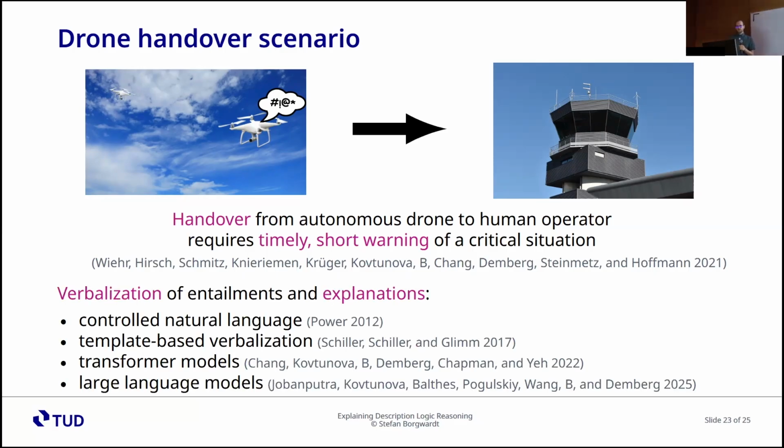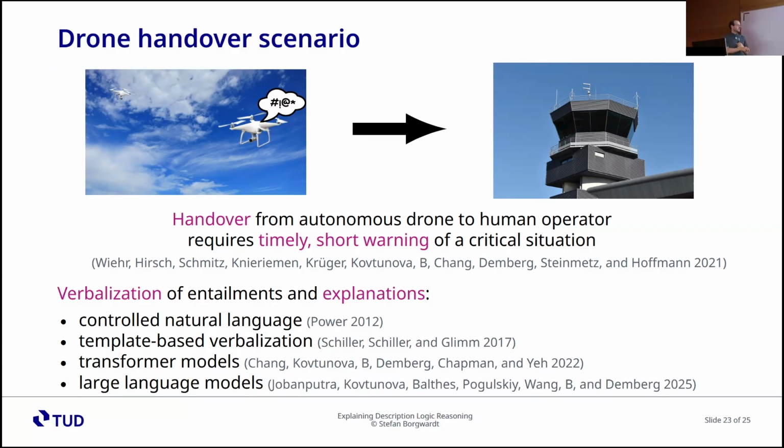And yeah, a very good medium for that is a verbalization, where you can just talk to the person involved and explain what happened. And there are different approaches to do that, ordered by basically time. And you can imagine what comes at the end nowadays. So there are controlled natural language approaches to do that, or template-based verbalization also developed here in our community, for example.